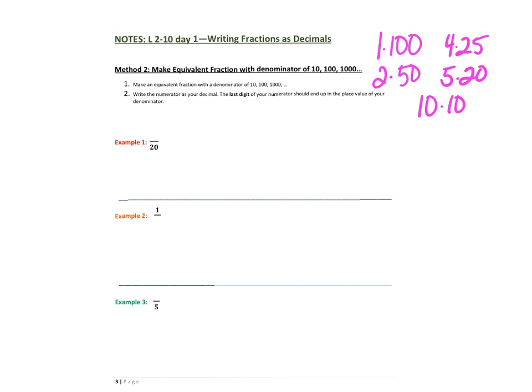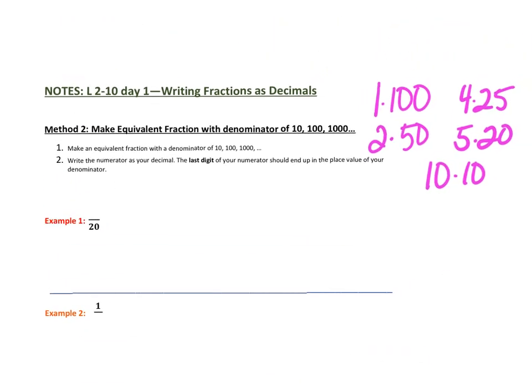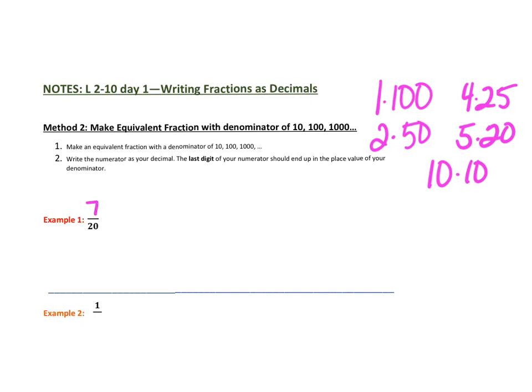So let's look at example 1. Let's call it 7/20. We're going to make it an equivalent fraction over 100 because 20 goes into 100. So if we rename our denominator, we also have to rename our numerator. What we do to the denominator, 20 to get to 100, was times it by 5.